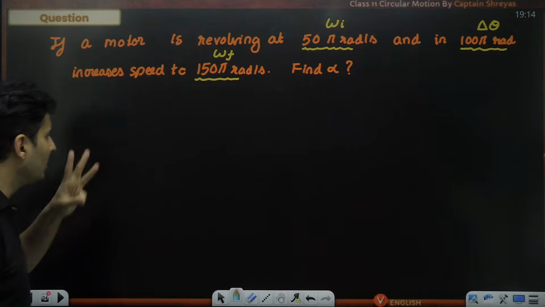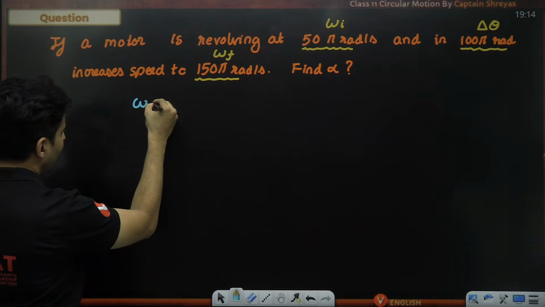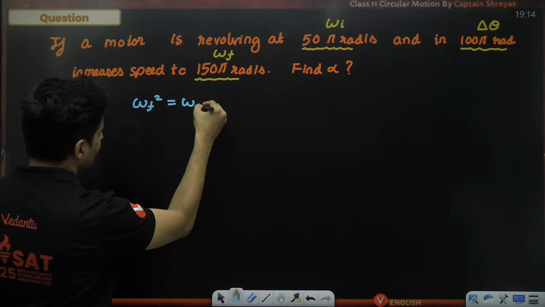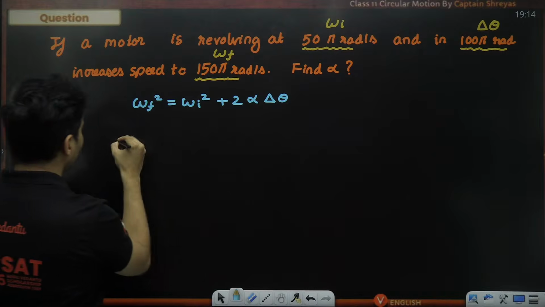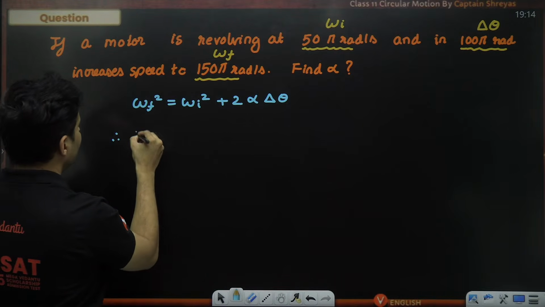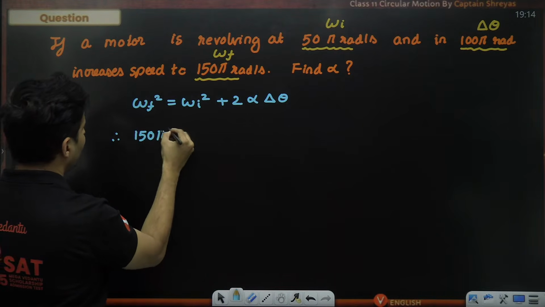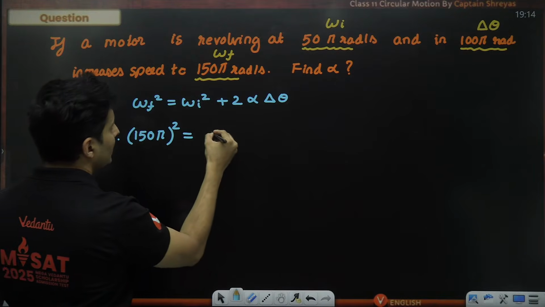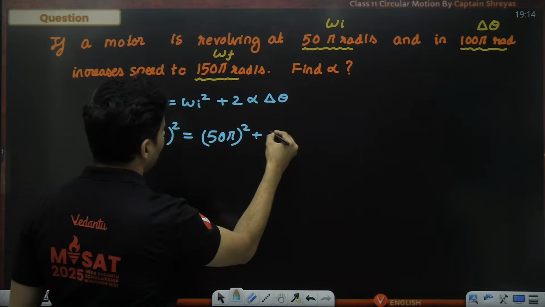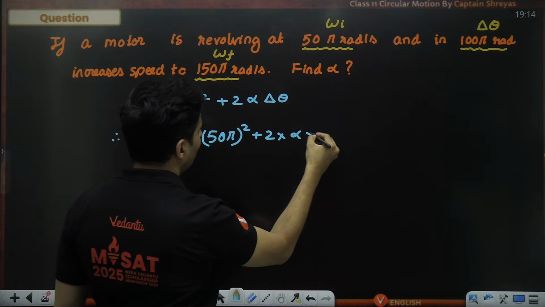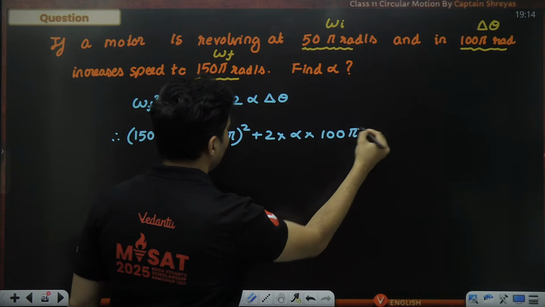The third kinematic equation, yes: final velocity square is initial velocity square plus 2 alpha delta theta. Final velocity is 150 pi whole square. Initial is 50 pi, that whole square, plus 2 into alpha, I do not know, angular displacement is 100 pi.